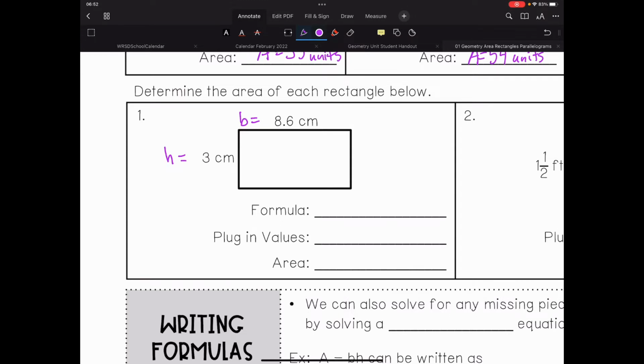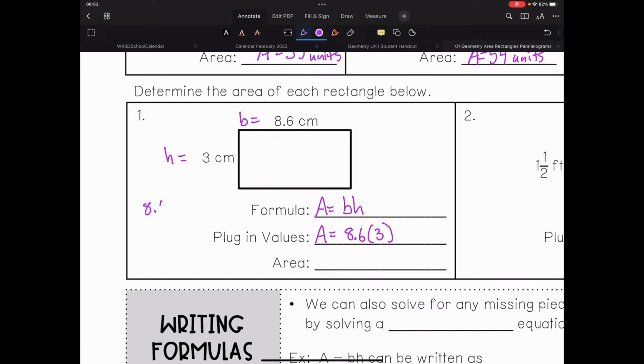And even though there are no square units displayed on the diagram, we can still figure this out by using our formula. So area equals base times height. We'll substitute B and H with 8.6 and 3, and then we'll multiply those together to calculate the area.